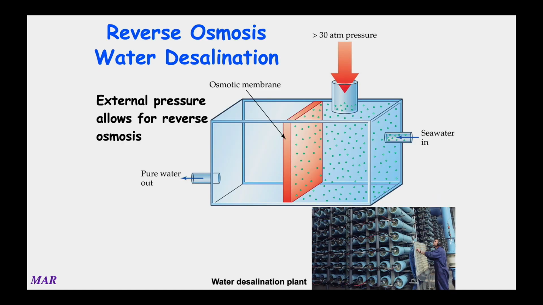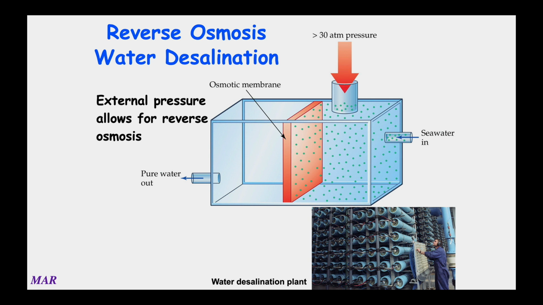Reverse osmosis is really helpful, and it's becoming more and more important for better or worse. It's used to desalinate water, so you can take seawater, which people can't drink, pull the salt part of the salt water out, and pure water comes in. Now, this is a really interesting kind of process, and it involves super high pressures.